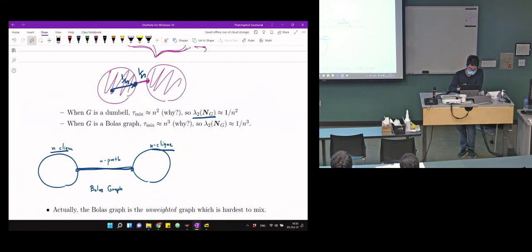And now you can see that if you are at a node here, you take actually n cubed steps just to reach the other side. You can think about this, but then lambda 2 of this graph is going to be 1 over n cubed.